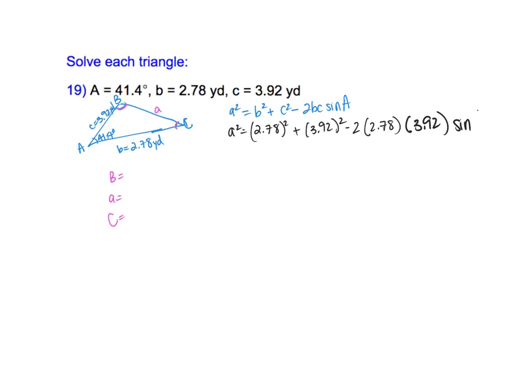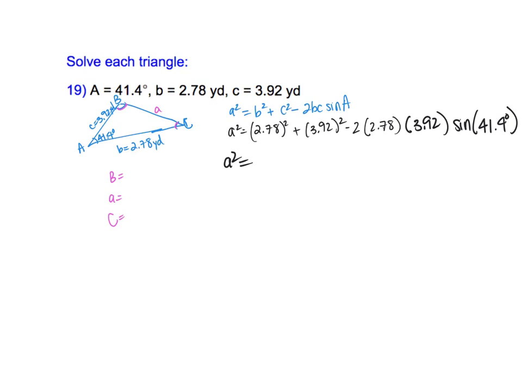And this will be cosine of A, which is 41.4 degrees.